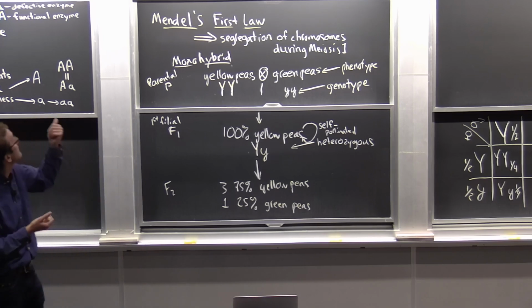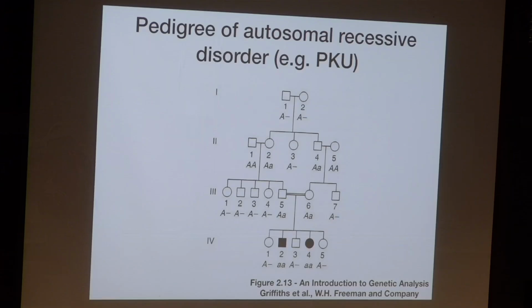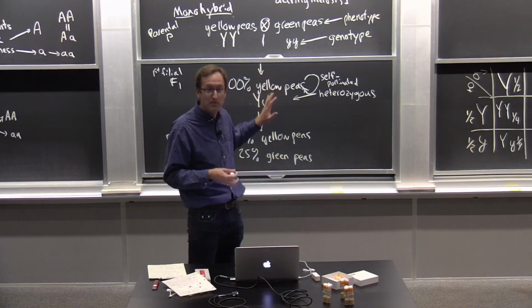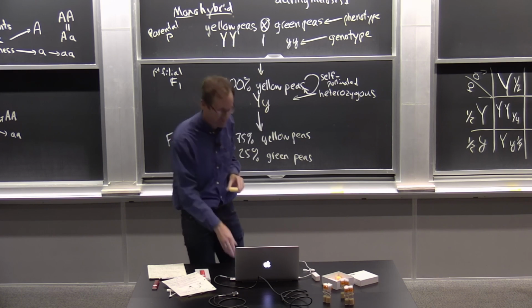So that's a lot like PKU, right? Where you can see there's multiple generations that go by where the trait doesn't manifest itself, but then it pops up again in that later generation where you have inbreeding in this family. Okay, so there's a clear connection between the results that Mendel got and cases of human disease.